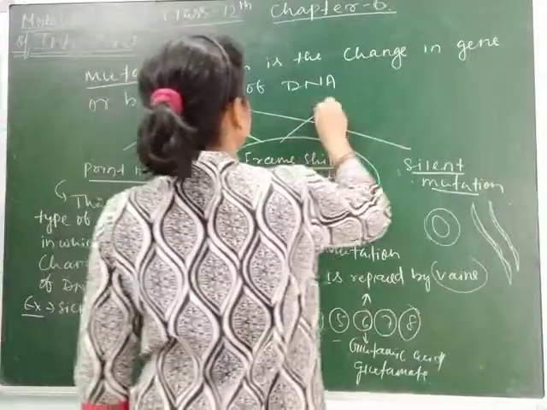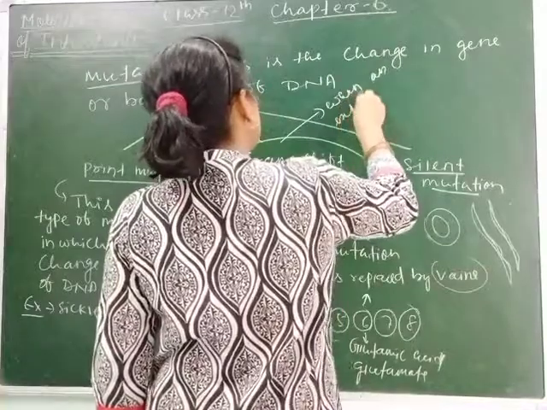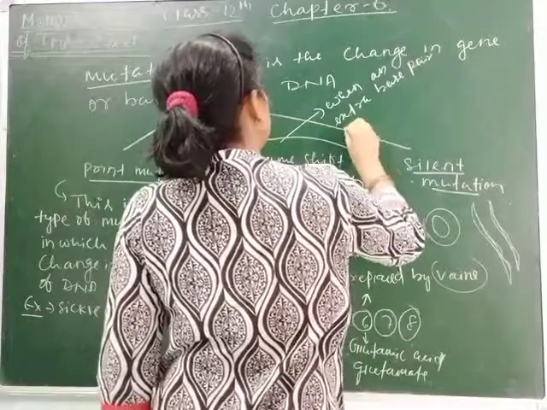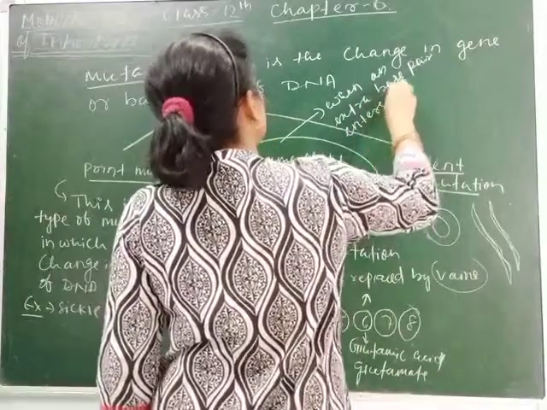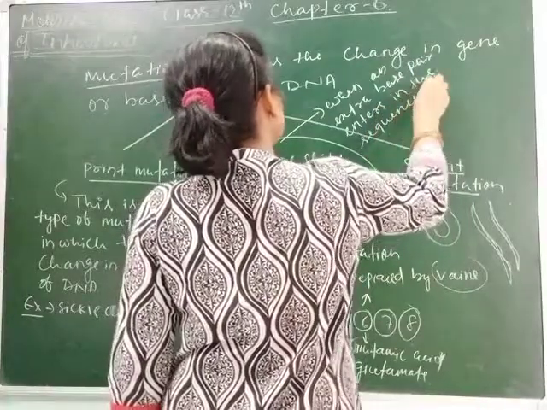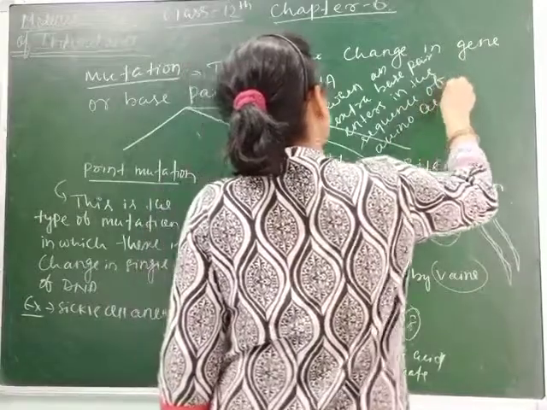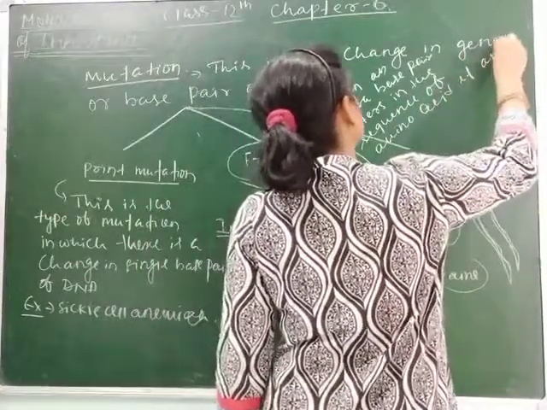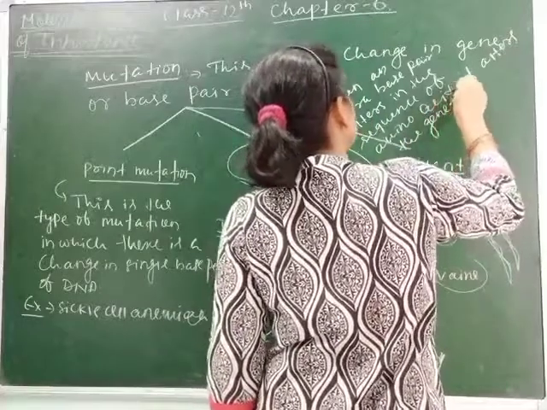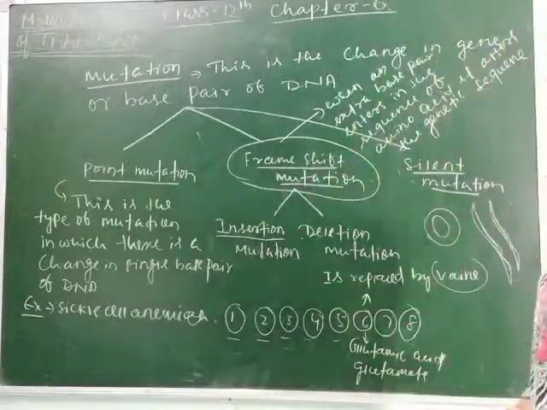When an extra base pair enters the sequence of amino acids, it alters the genetic sequence. That's why this is called frame shift.